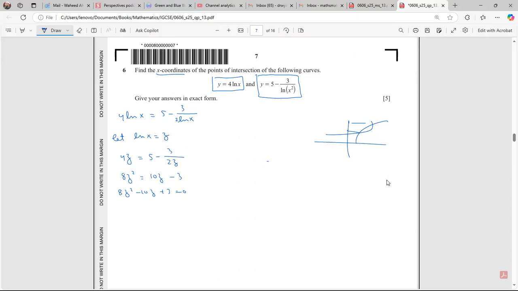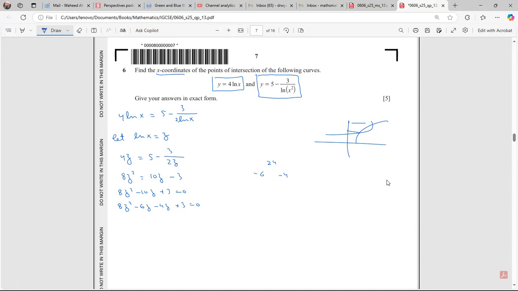The product is going to be 24, and the factors of 24 that make 10 are 6 and 4. Both have to be negative because when we multiply they become positive. So it is going to be 8z square minus 6z minus 4z plus 3 equal to 0.